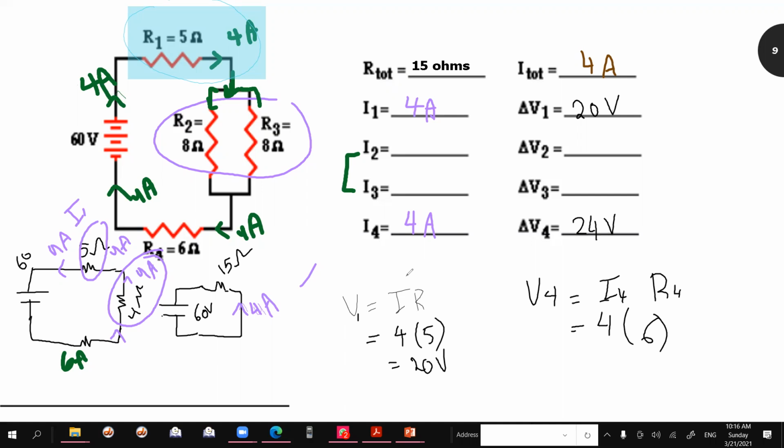So from this circuit here, circuit number 2, which I simplified after the original one, I can find the I1, I4, V1, and V4. Now, I told you that if we are in series, now let's come back to this circuit here. Now, let's clear this one.